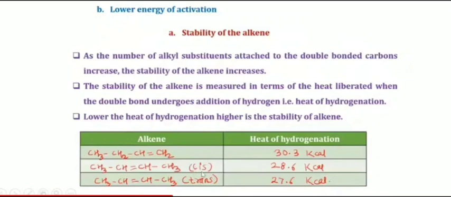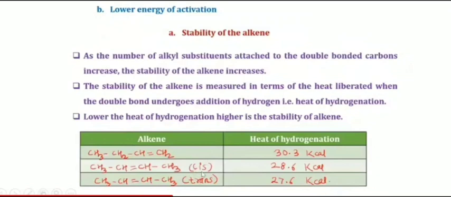In this one, which is more stable? The first one has a heat of hydrogenation of 30.3 kilocalories, the cis isomer of 2-butene has a heat of hydrogenation of 28.6 kilocalories, and the trans isomer of 2-butene has a heat of hydrogenation of 27.6 kilocalories. The lower the heat of hydrogenation, the higher the stability of the alkene.